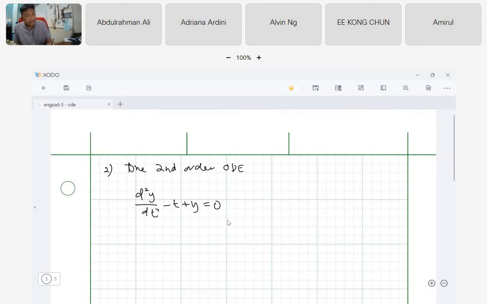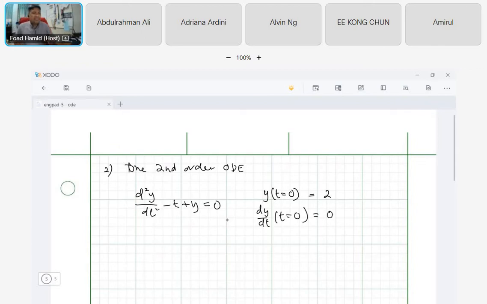So look at this. This is definitely a second order ODE, and because it is second order, it needs two conditions. We call these initial conditions. For example, I think the initial conditions given are that y at t equal to 0 is 2, and dy/dt at t equal to 0 is equal to 0.